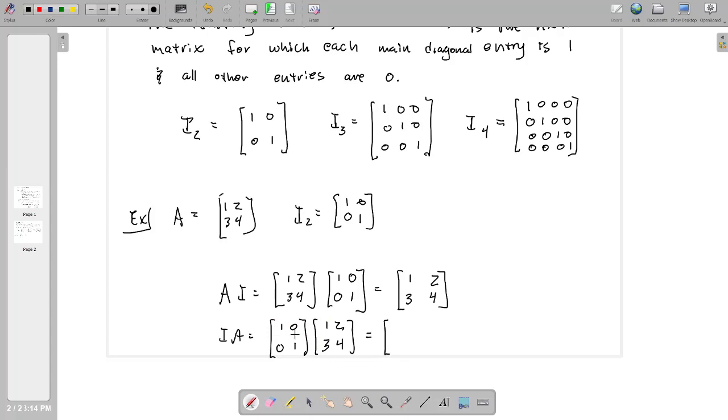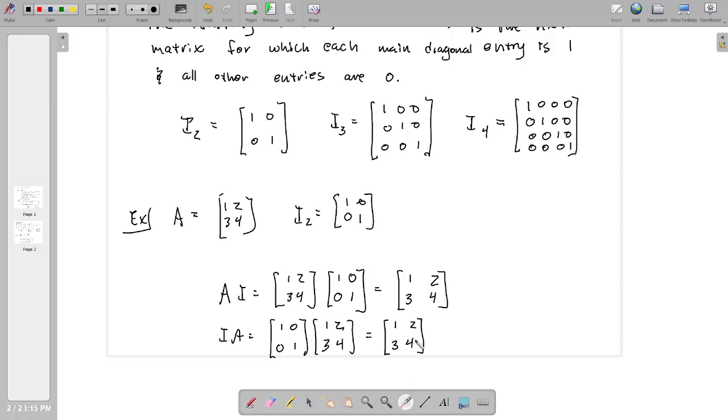First row, second column, 1 times 2 is 2, plus 0 times 4. Then second row, first column, 0 times 1 plus 1 times 3. And then second row, second column, 0 times 2 is 0 plus 1 times 4.